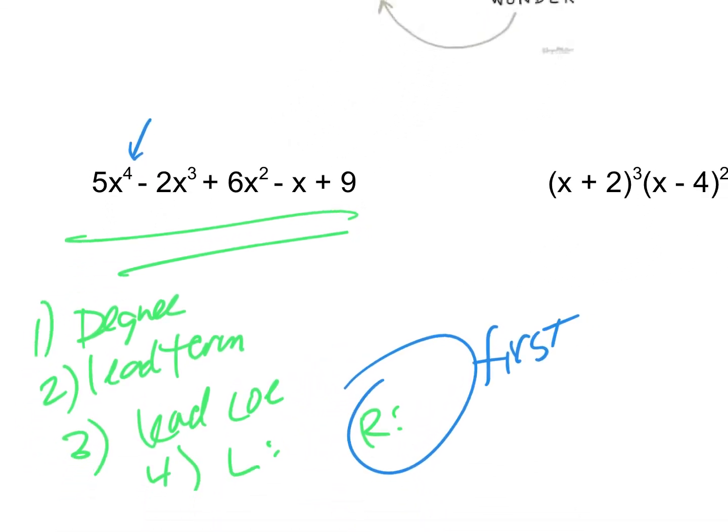Yeah, okay, so the lead term would be 5x to the 4th. All right, excellent. And Luke Scrivseth, what's the degree? Yep. And Dallin Thomas, what's the lead coefficient? 4. And does that tell me the right or the left side?